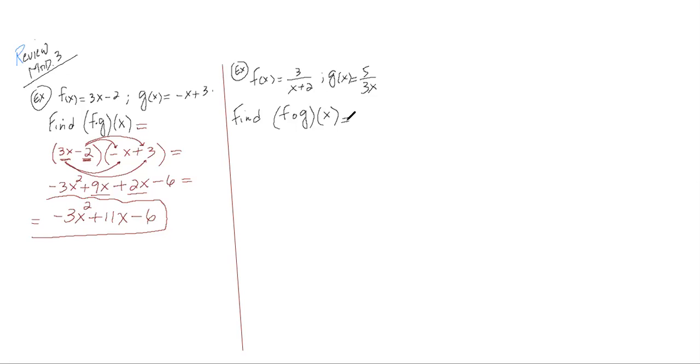Go ahead, you try it first, please. So what is this little circle called? What kind of operation is this called? Composite. Exactly. So you're doing f composite g of x.